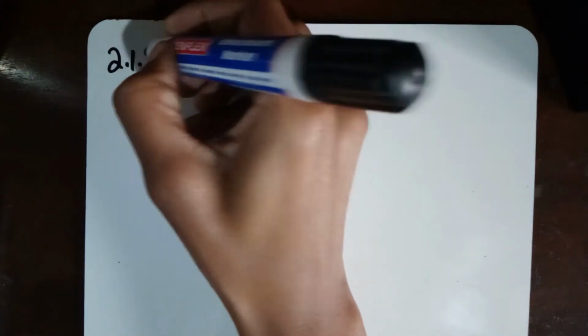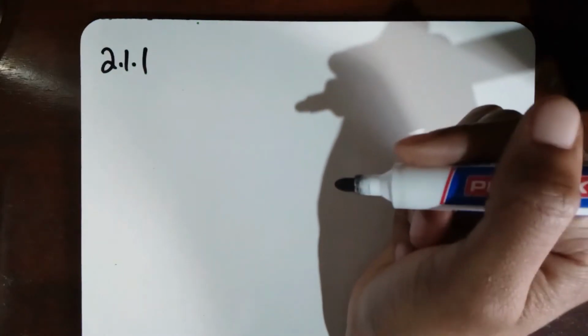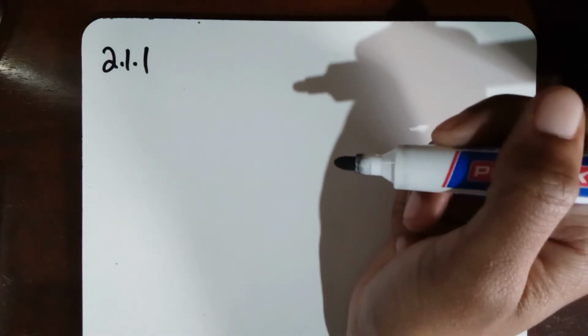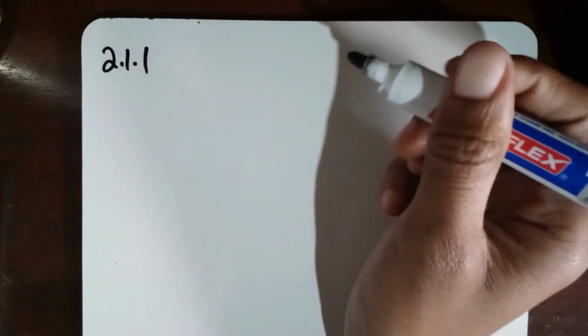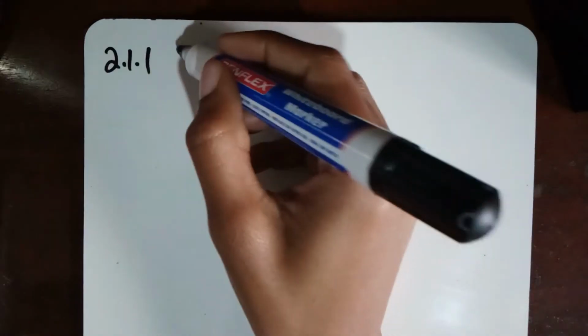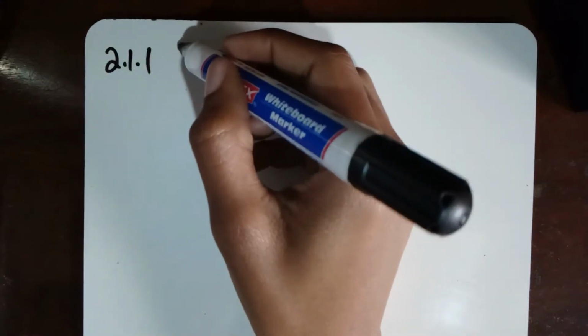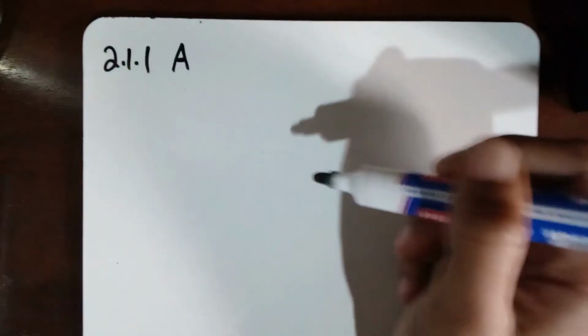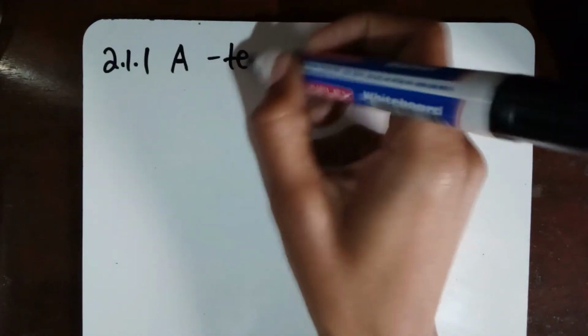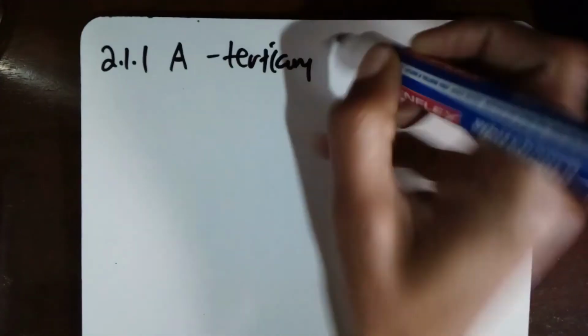Okay, let's start with question 2.1.1. We have to look in our table that was given in the question and write down a letter that represents a tertiary alcohol. And we already talked about the fact that compound A is actually a tertiary alcohol.